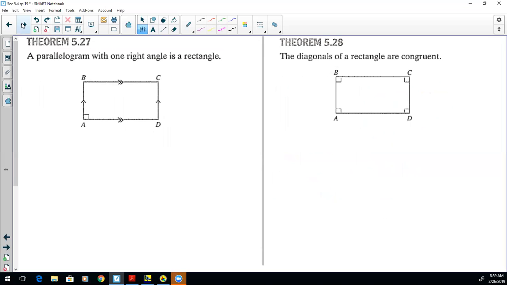This is theorem 5.27 that says if you have a parallelogram that's got 1 right angle, then it's a rectangle.